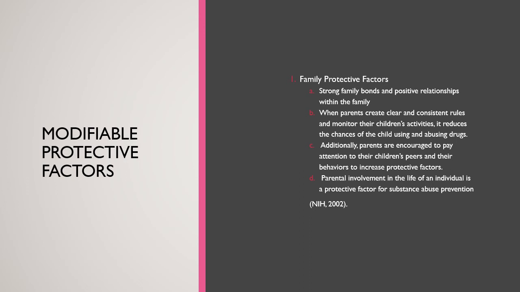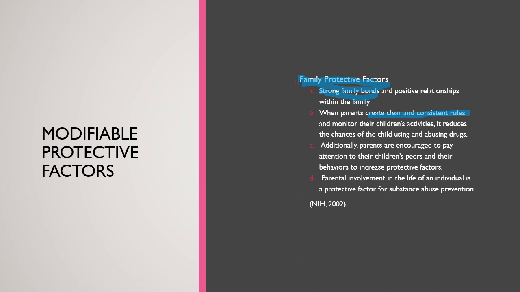So our family protective factors right here include strong family bonds and positive relationships within the family. Another one is parents who create clear and consistent rules and who monitor their children's activity. So it reduces the chance of the child using and abusing drugs.